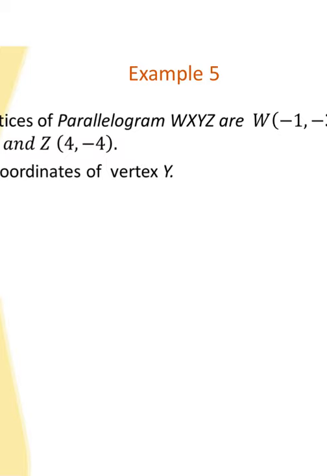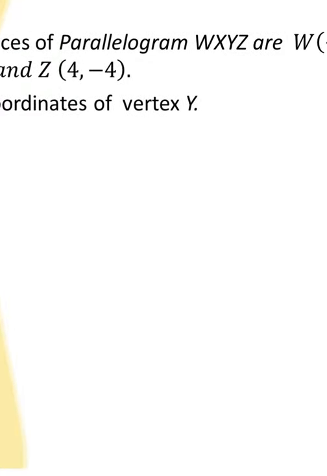Find the coordinates of vertex Y, okay? So we've got to plot these. I recommend that you guys use graph paper for this one, okay? I don't have any, so I'm going to do the best that I can. I'm going to draw a y-axis, an x-axis, and I'm going to plot these points.